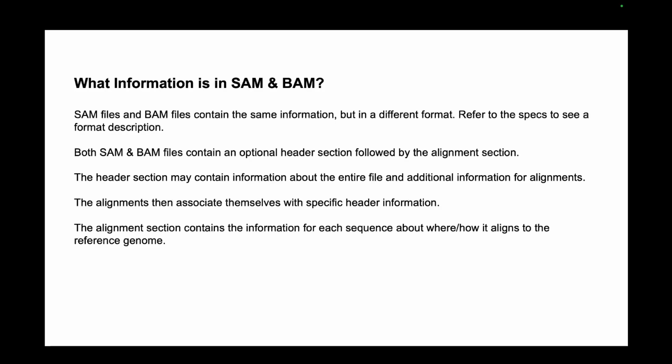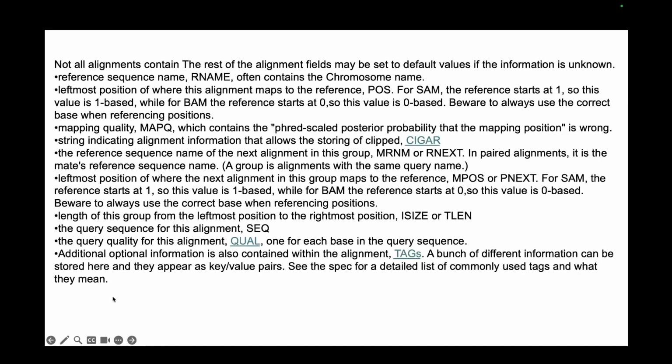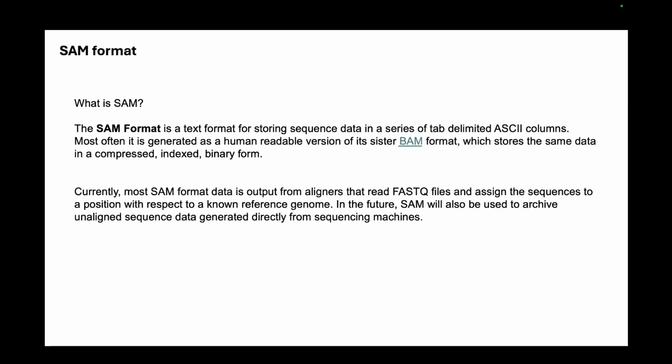So what information is there in SAM and BAM? The header section contains information about the file and additional information for alignments. The alignments then associate themselves with specific header information as well. The alignment section contains the information for each sequence about where and how it aligns to the reference genome. I'll skip these file formats.